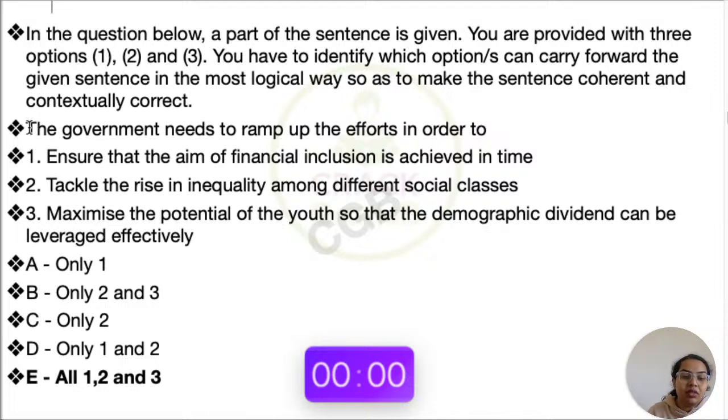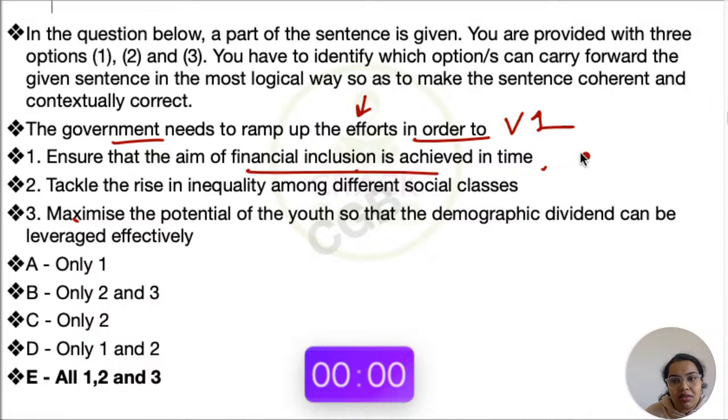All three of them, that's what we have here. The government needs to ramp up the efforts in order to, okay, so they need to work on the efforts, usko increase karna hai. In order to do what? In order to verb first form: tackle, maximize, ensure. Grammatically, I can definitely go ahead with any of these. Now, context wise, in order to ensure that the aim of financial inclusion is achieved in time, government works on this thing.